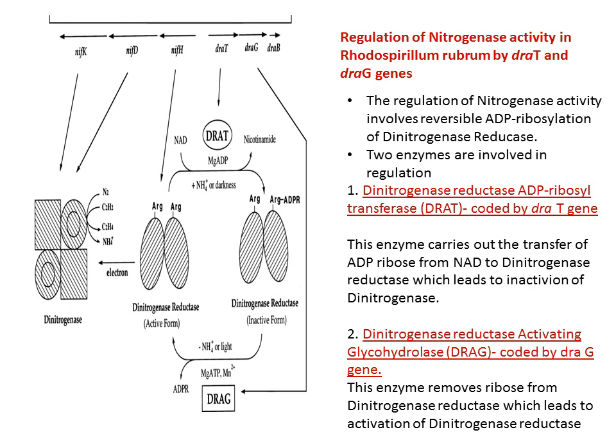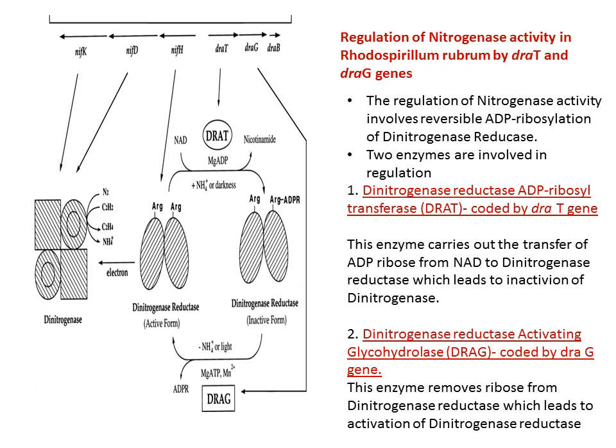The DRAT gene codes for the DRAT protein, that is dinitrogenase reductase ADP ribosyl transferase. What this protein does is transfer ADP ribose from NAD to dinitrogenase reductase. This dinitrogenase reductase is one of the proteins of the nitrogenase enzyme.